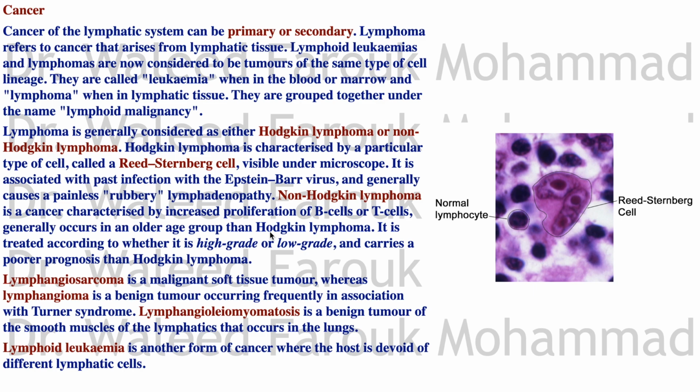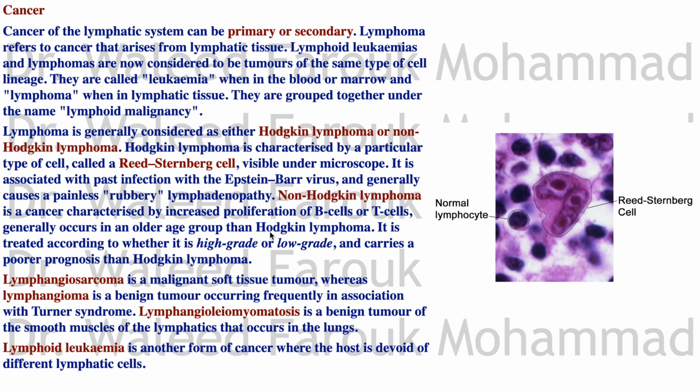Leukemias, for example, are an example of primary lymphoid cancer. Leukemias and lymphomas come from the same progenitor cells or same cell lineage. It's called lymphoma when it arises in the lymphatic tissue, and leukemia when in the bone marrow.